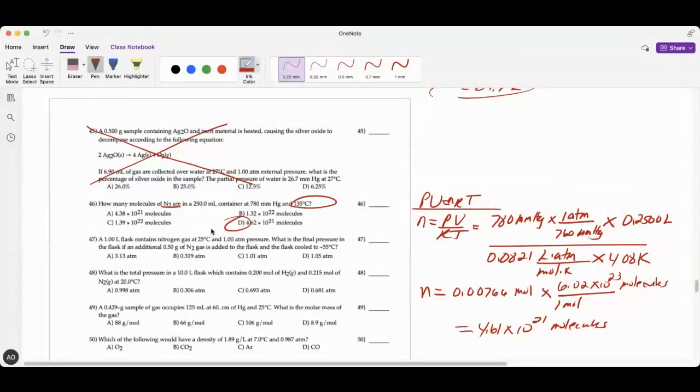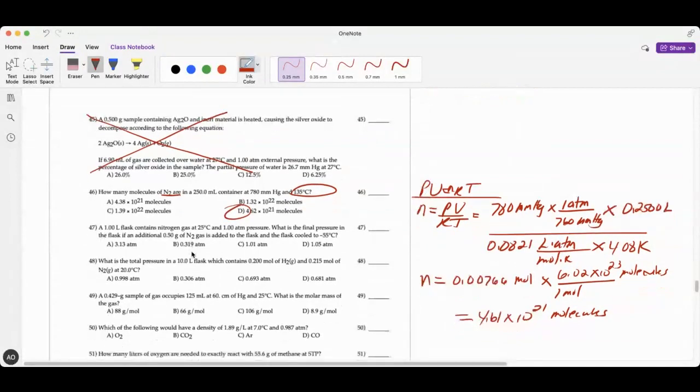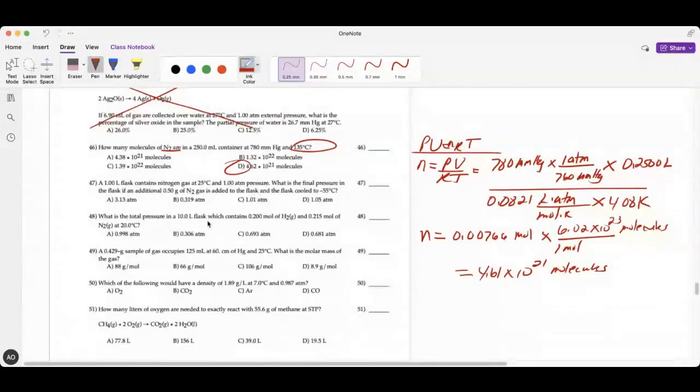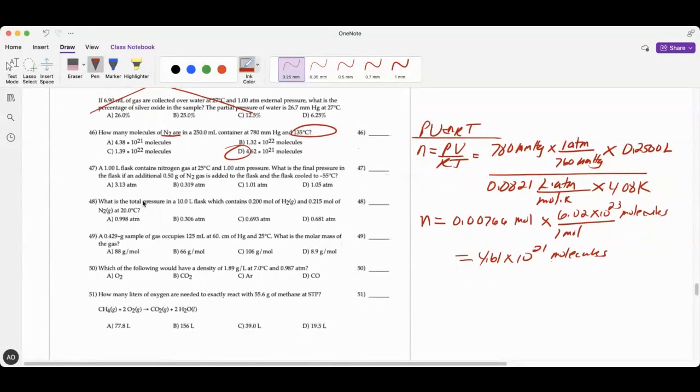Okay. There's a certain one I'm looking for. I don't remember if it's here, but let's see. A 1 liter flask. What is the total pressure? Remember, total pressure is equal to the sum of the partial pressures of the component gases. This one has 2 component gases.